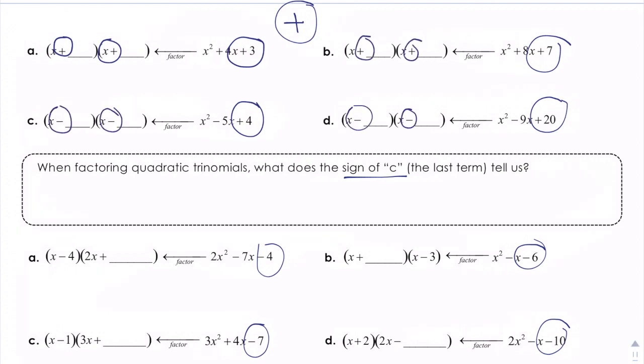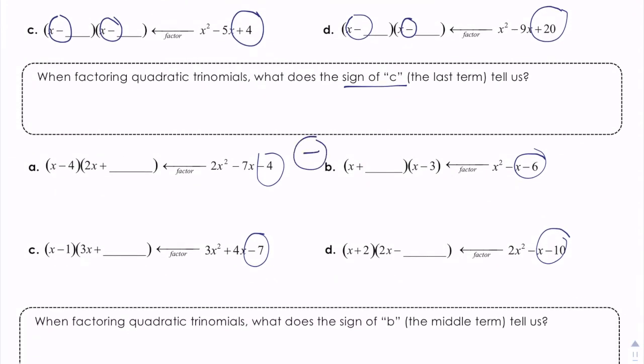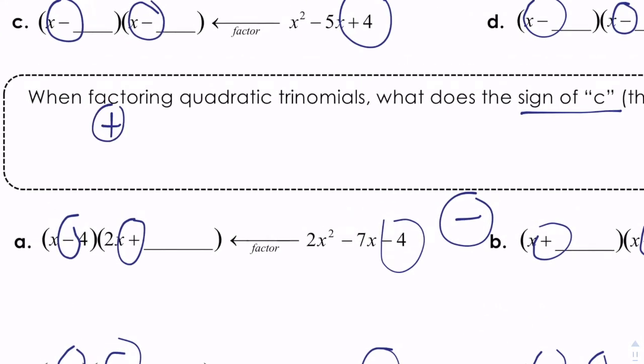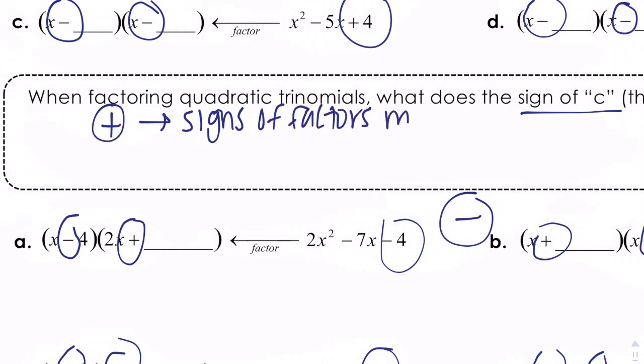They'll either both be positive or both be negative. If they are negative, like they are down here, the signs of your factors will not match. One will be positive, one will be negative. So if the sign of the last term is positive, then the signs of the factors match. And if it's negative, then they do not match.